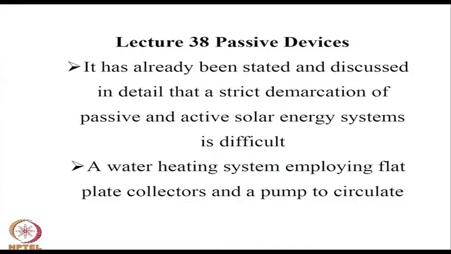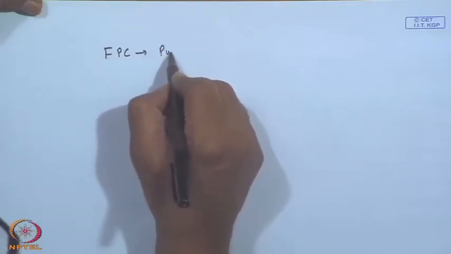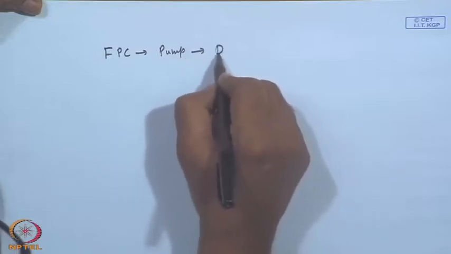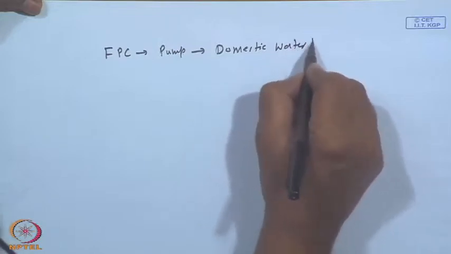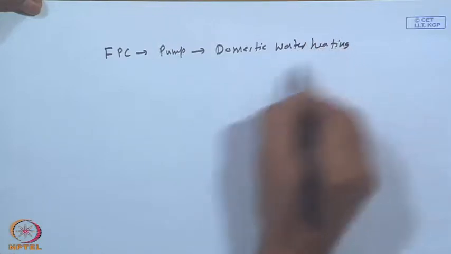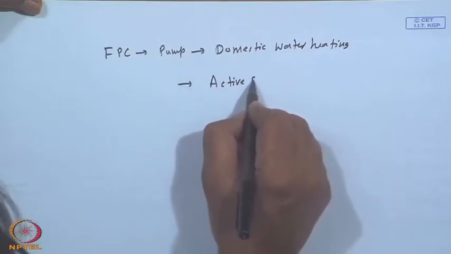And coming to a little more serious side of this, we already pointed out that it is a little difficult to have a strict demarcation between passive and active systems. Say for example, employing flat plate collectors, you use a pump for domestic water heating, in most cases we consider them to be an active system.